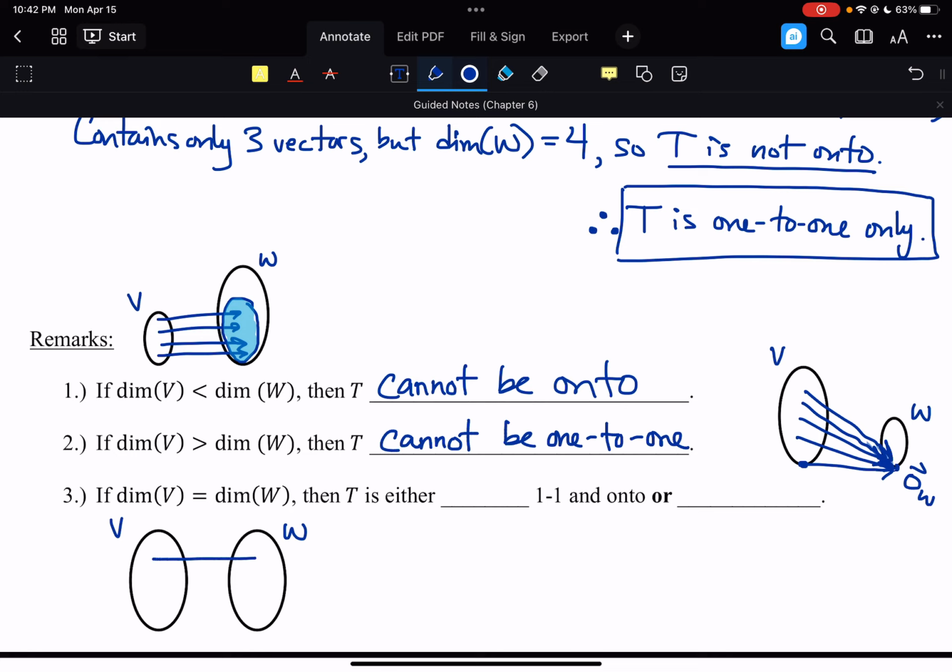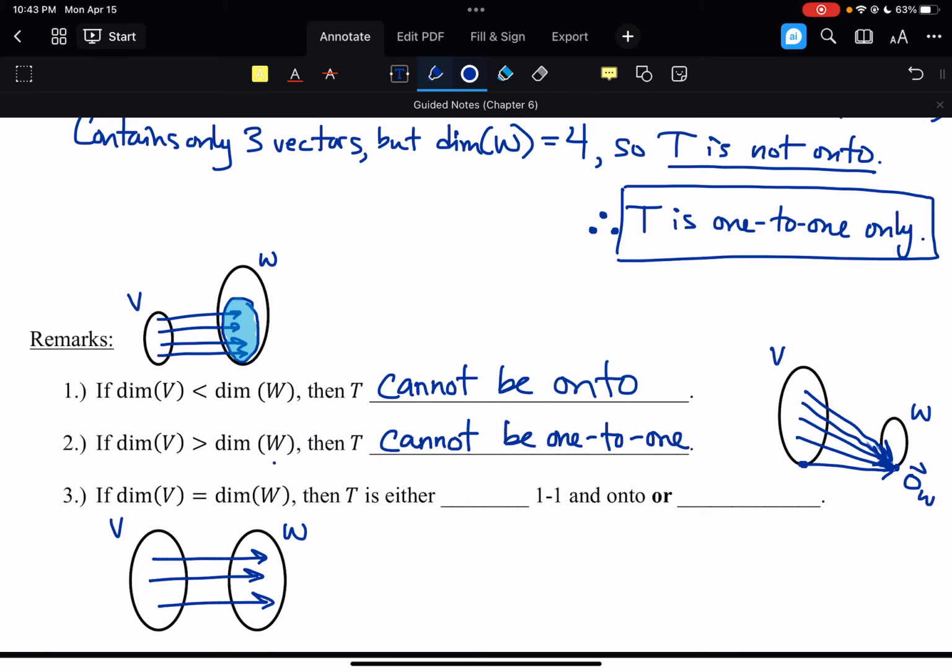If they are the same size, like this, you have the potential for it to be 1-to-1, because they're the right size to do that. And you have the potential for it to be onto, because there are enough vectors here to cover all the vectors here in the span. That doesn't guarantee that it will work, because you still have to test and see if they will work.